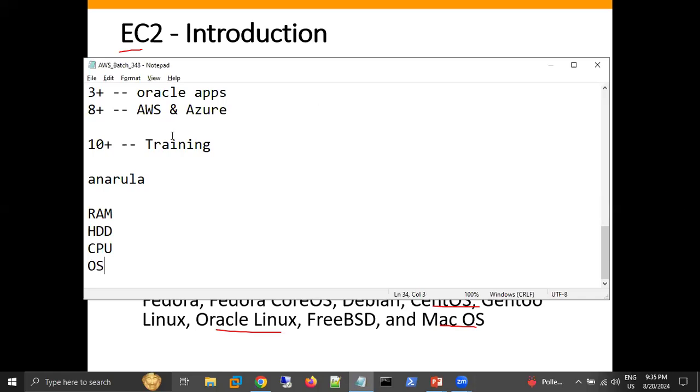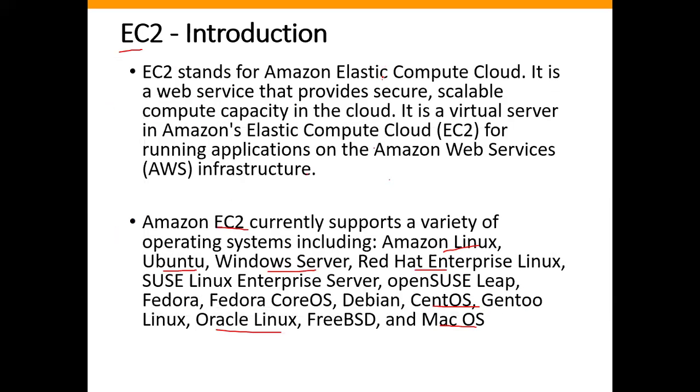So these four basic things, every person is checking, like which operating system he is getting: Windows, Linux, or Mac. Whichever he wants, he is going to go with that. CPU, RAM, hard disk, and operating system. These are the four basic things every person is going to check.